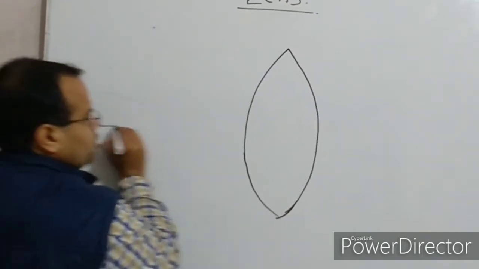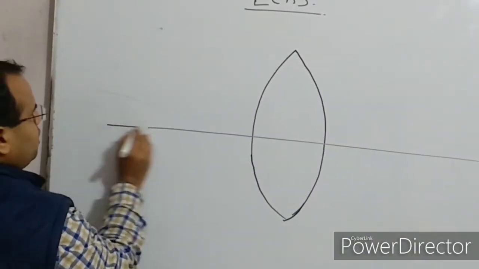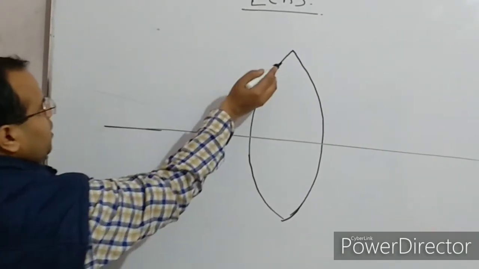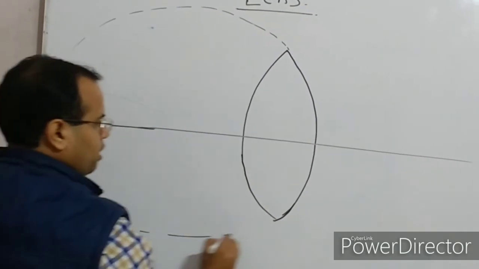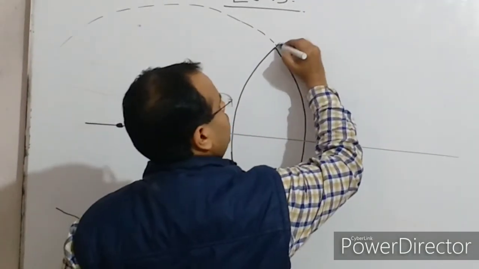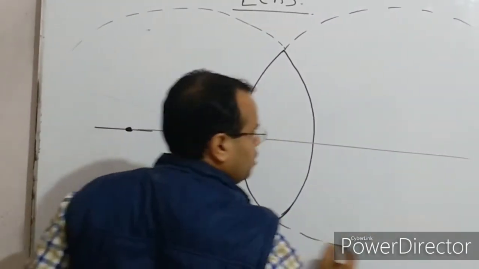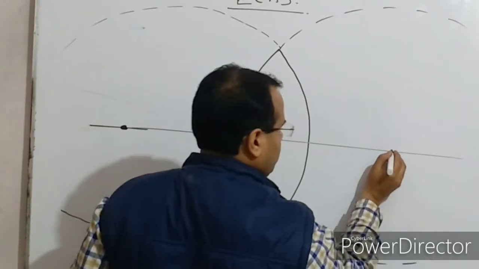Okay, so this is the principal axis. For the first surface, the radius of curvature must be lying somewhere here, because it is a big surface. And similarly, for the second surface, the radius of curvature must be lying somewhere here.